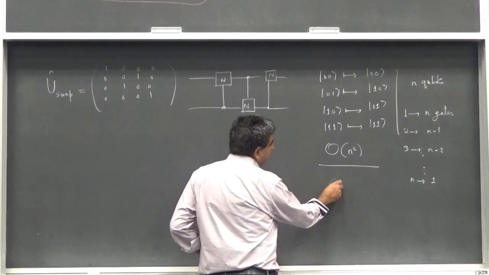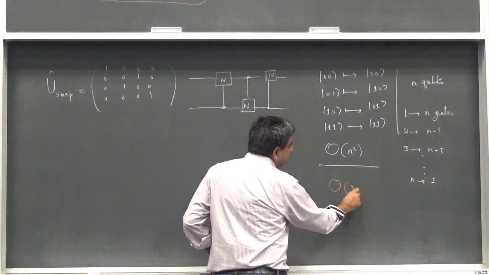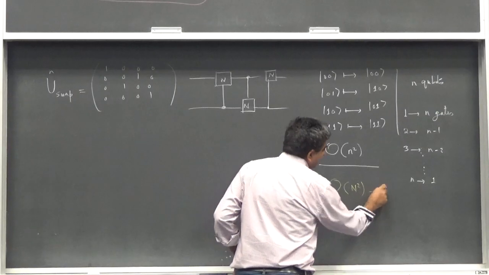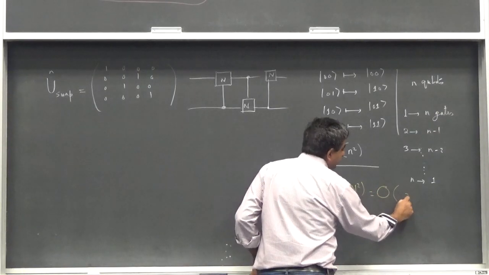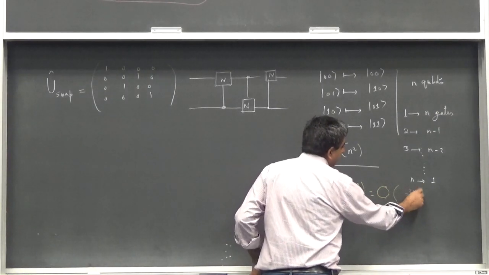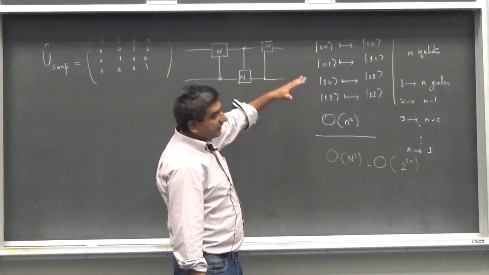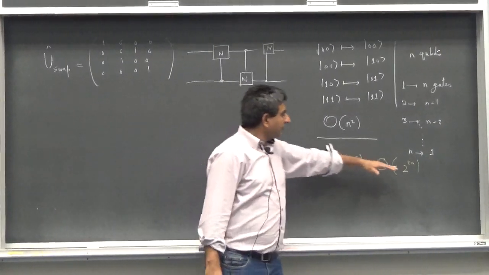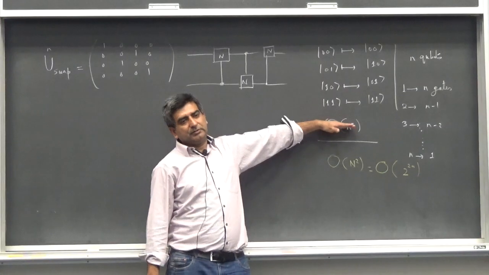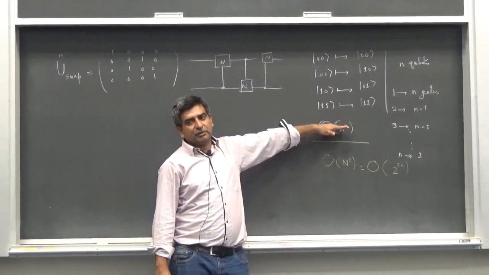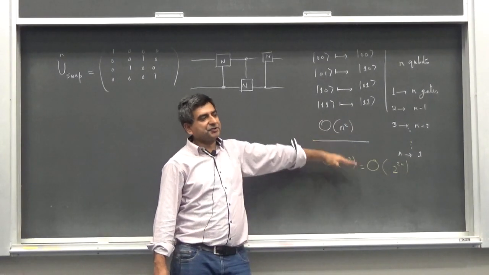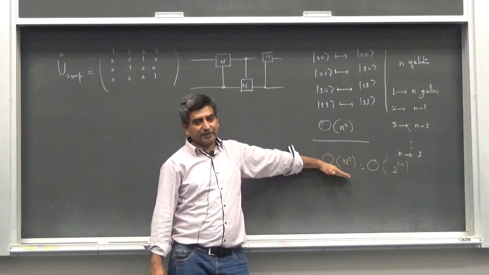Classically, as I mentioned in the other lecture, you need capital N squared gates, where capital N is 2 raised to the power n. So this is 2 raised to the power 2n. The kind of savings that you are getting is from exponential to polynomial. The quantum is giving you an exponential advantage over the classical resources required.